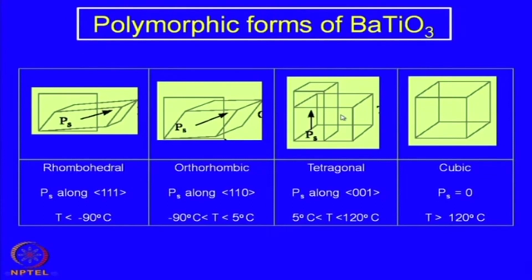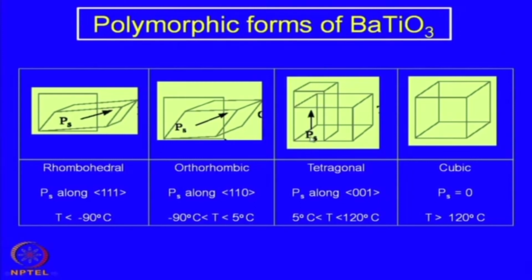Whereas, the kind of deviation from symmetry we have discussed earlier, which gives rise to a spontaneous polarization, actually occurs in tetragonal form. So, instead of the cubic shown in all these pictures, that is the basic cubic structure, which has been either pulled along the face diagonal or along the body diagonal, here it has been pulled along the C axis.